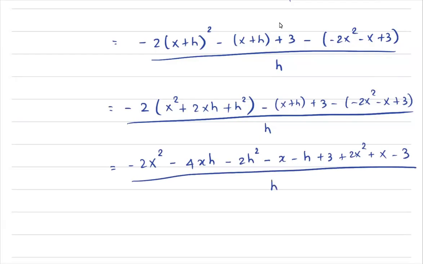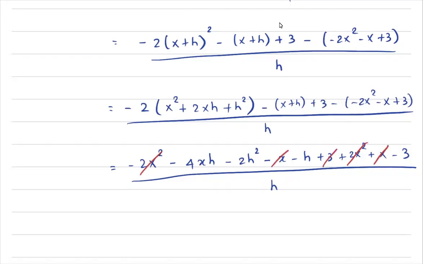So please make sure that you don't make any mistakes with the sign. Now let's see what we can cancel out. The negative 2x squared and positive 2x squared can be cancelled. Is there anything else that we could cancel? The positive x and the negative x can be cancelled.